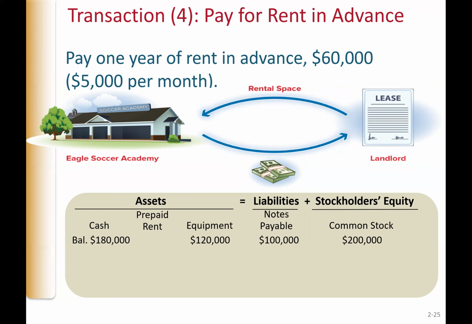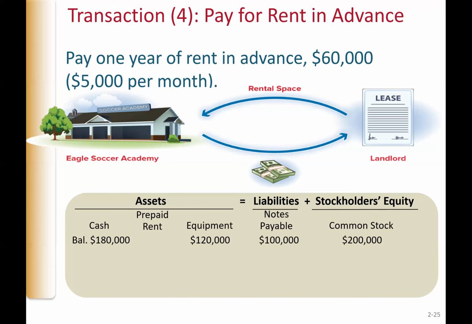But what if you paid 12 months upfront for renting this home? That would be an asset because it's a resource that's providing us with a benefit, not just now, but in the future. So this is an example where we're not just paying one month's rent, we're paying a year's rent in advance, $60,000 in advance.